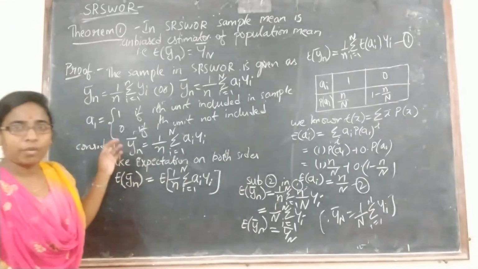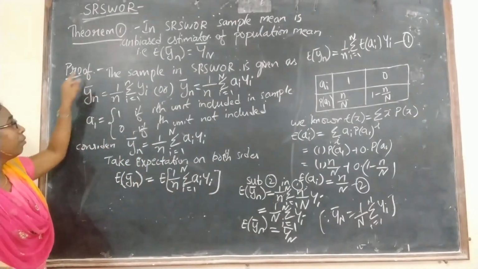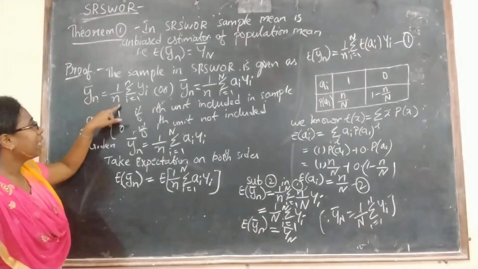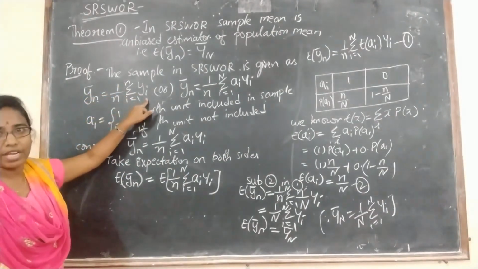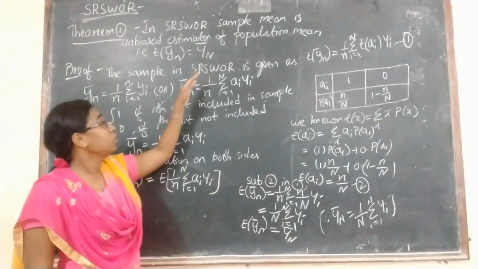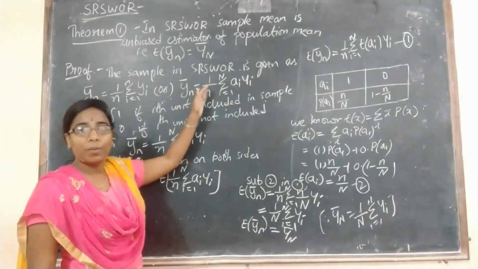Very simple and easy theorem. First, you need to write the sample mean value. What is the sample mean value? 1 by n summation I equals 1 to n yi, or you want the answer in terms of the population. So you are converting your small values, that is sample values, to the population values.